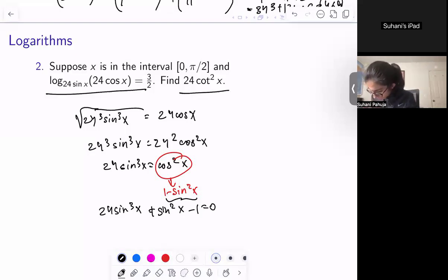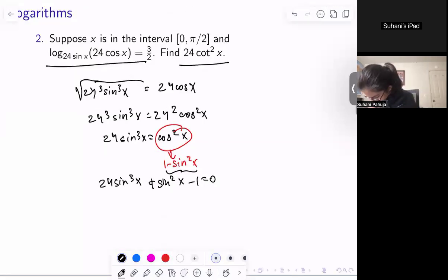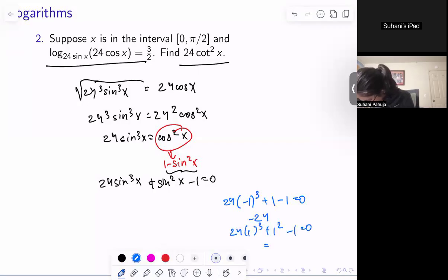And so what we can do then is apply the rational root theorem. So we can try some values. If we try -1, we get 24 times -1 cubed plus 1 minus 1, and that gives us -24. If we try 1, that gives us 24 times 1 cubed plus 1 squared minus 1, which gives us 24.